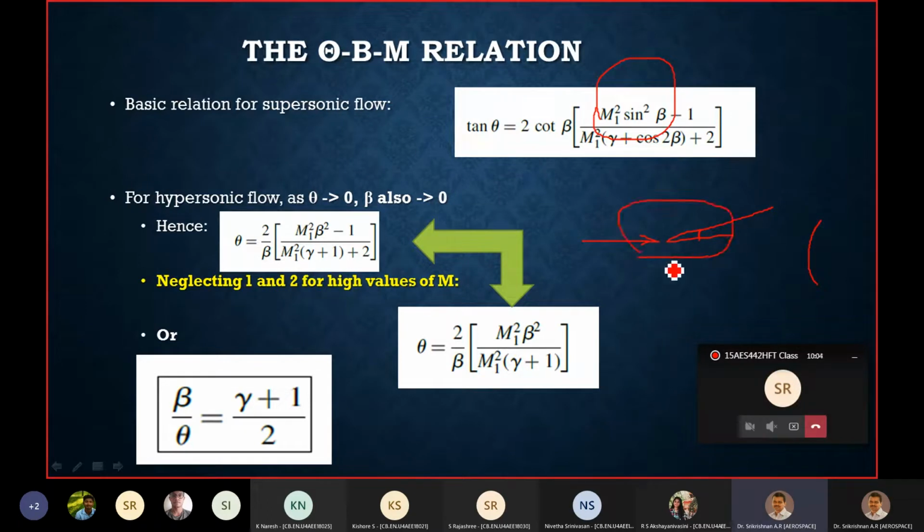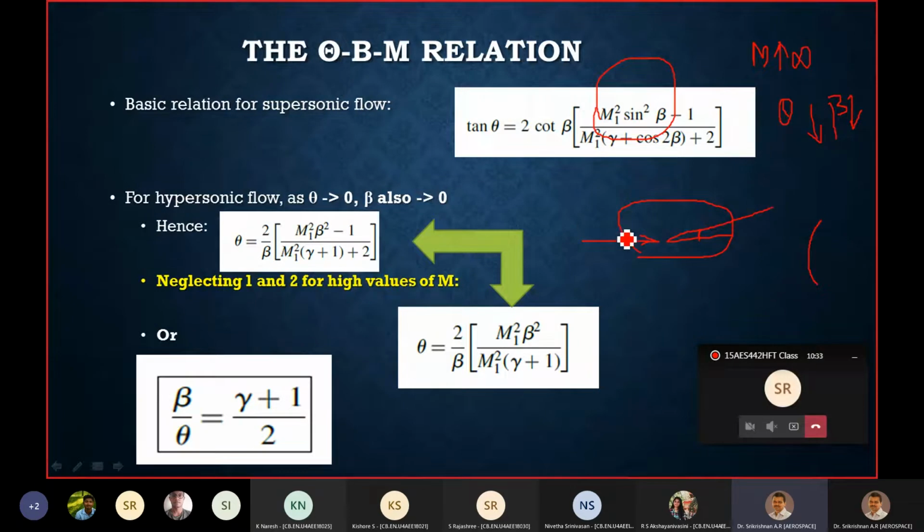But as far as sharp edges are concerned, we know that when theta is less, beta also tends to be less. So when theta comes down, beta also comes down. So there are two things happening when we look at the theta-beta-M relationship. M1, the upstream Mach number, tends to infinity in the hypersonic limit.